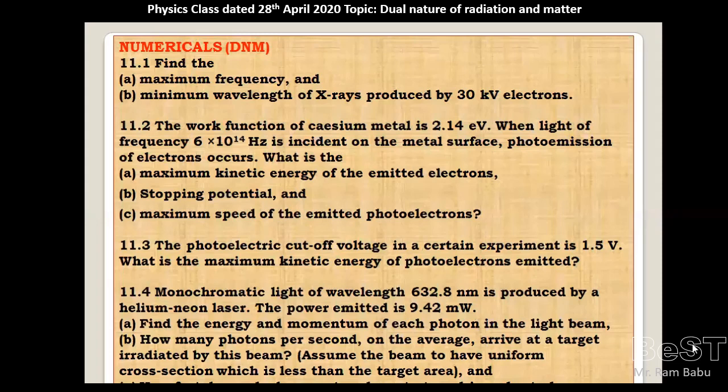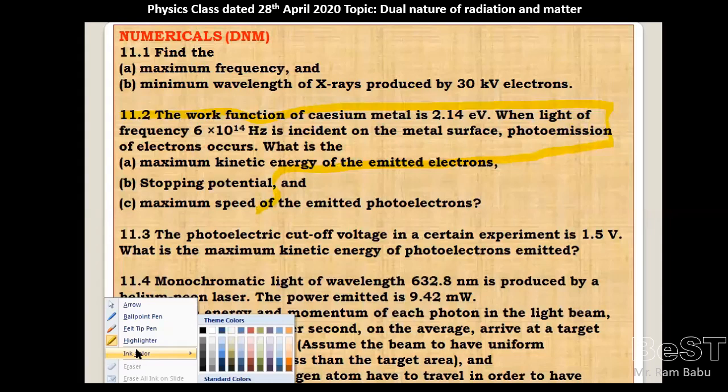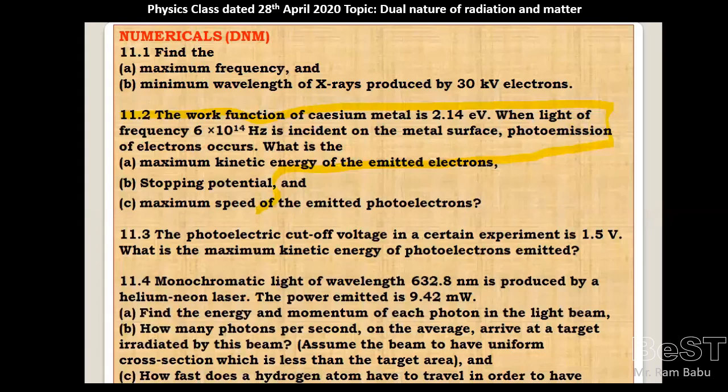photo emission of electrons occurs. The questions: first, A, the maximum kinetic energy of photoelectrons.